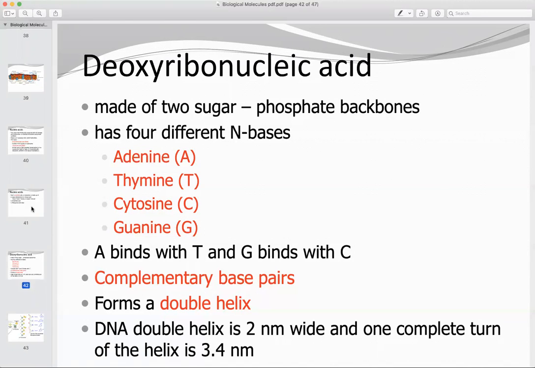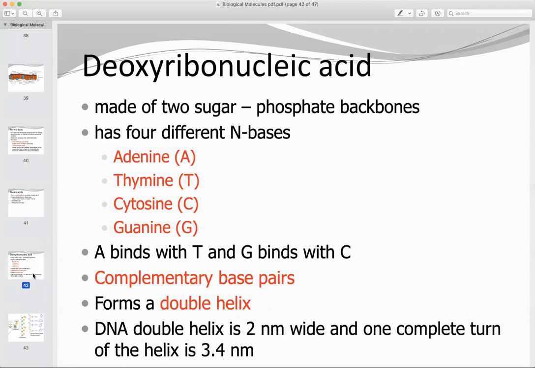This complementary base pairing, or these interactions between these bases, are responsible for the formation of that double helix structure that I referred to earlier as the structure of DNA. This double helix is formed when our 2 strands of nucleotides wind around each other in a spiral formation.